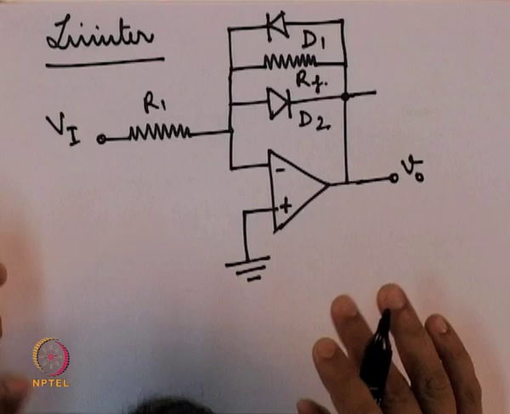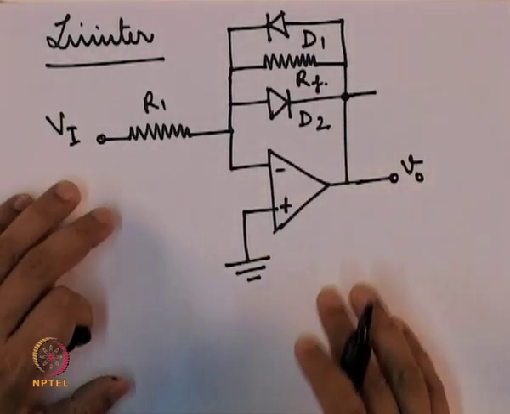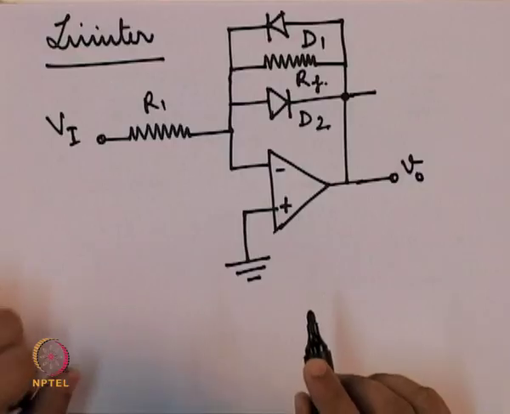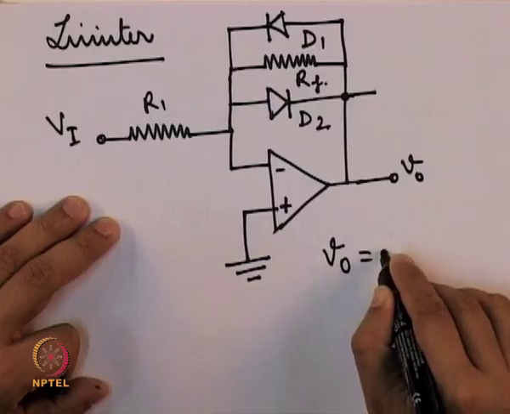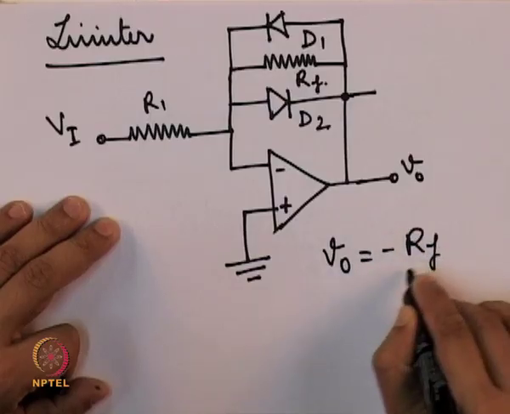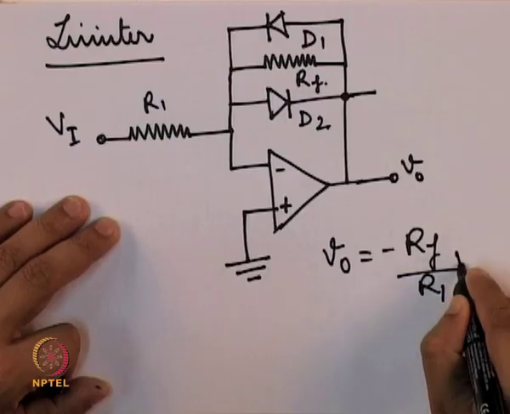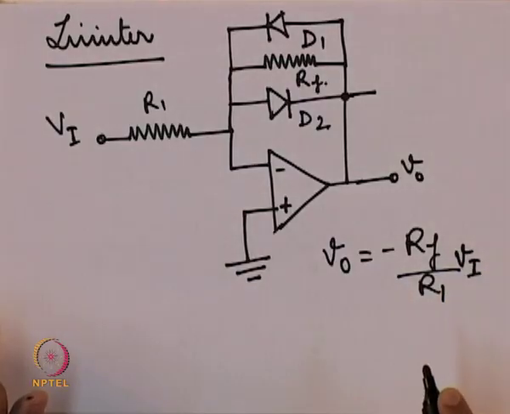Now, assume that diodes D1 and D2 are open, then the output voltage will be given by minus Rf upon R1 times Vi.